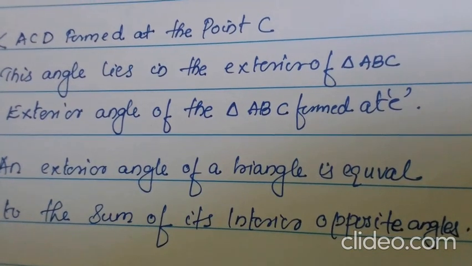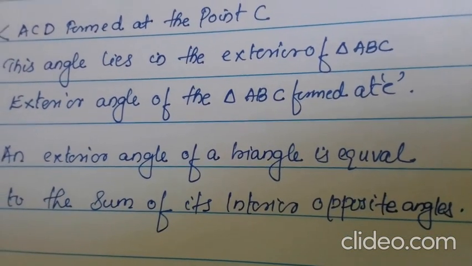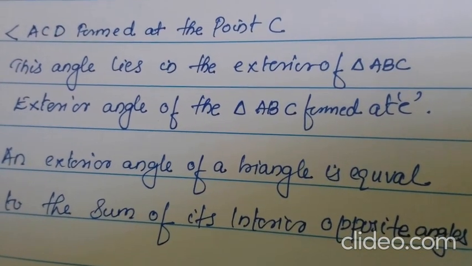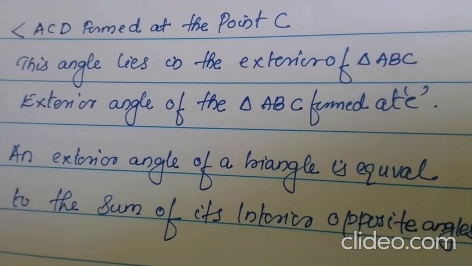Understood? That means what? An exterior angle of a triangle is equal to the sum of its interior opposite angle.